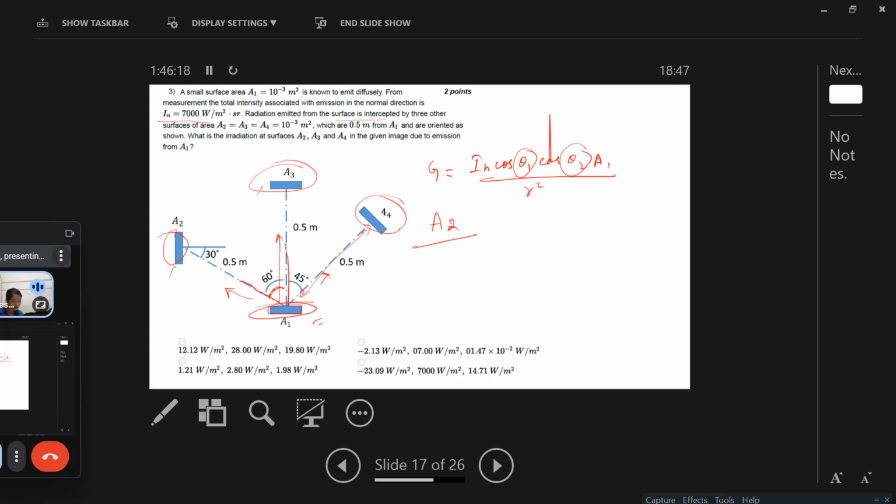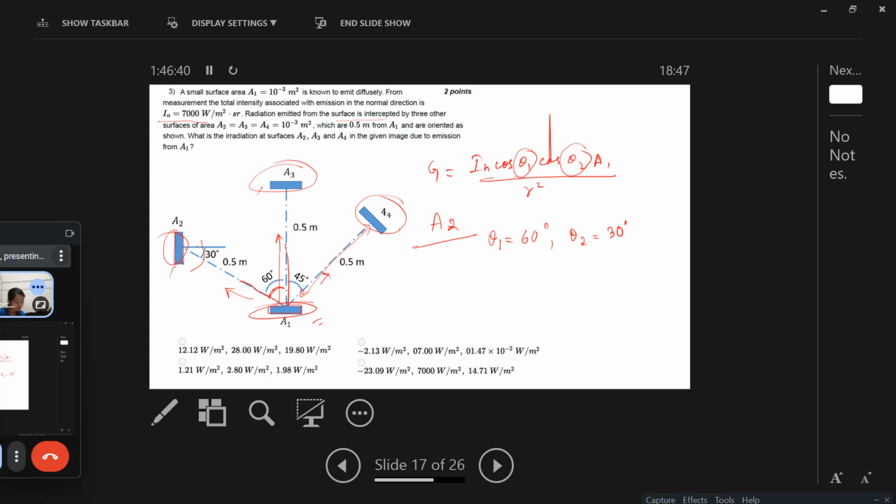So this is theta 1, this is 60 degree. Another is the normal of this with the line connecting A1. So this is 30, given as 30. So here theta 2 will be 30.